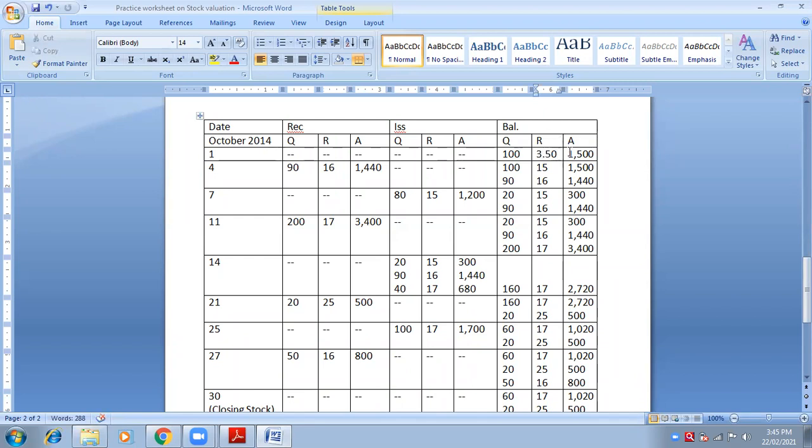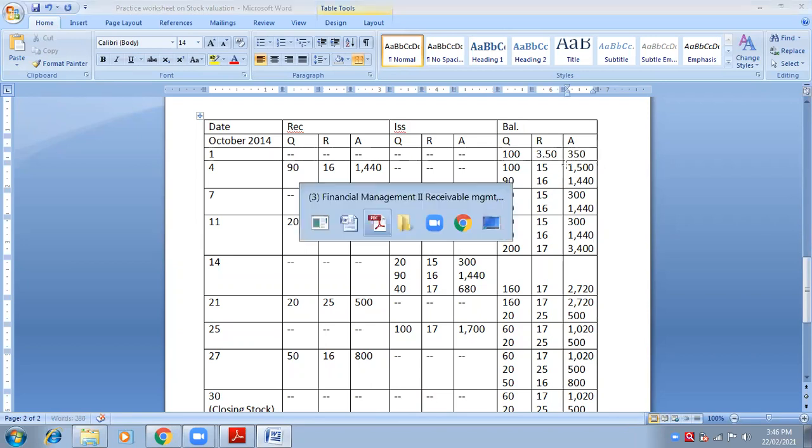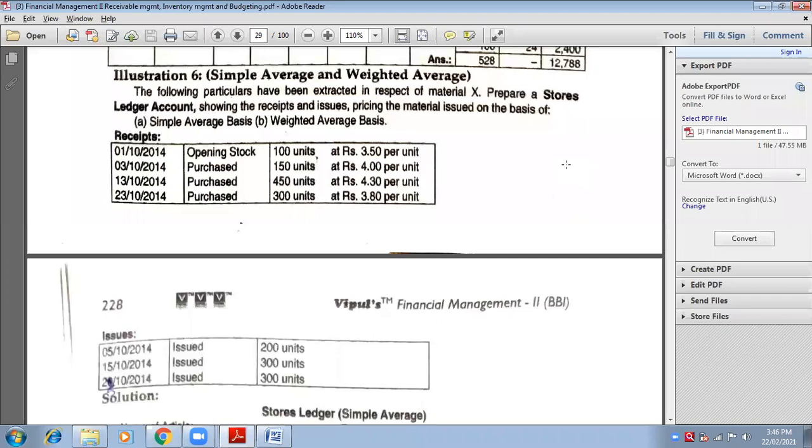So what will be my answer? 100 into 3.50 is how much? 350. Very good. If first date is done, then draw a line below that. A line is drawn right from the beginning till the end. This shows that on first date, there was no other transaction other than this opening stock.